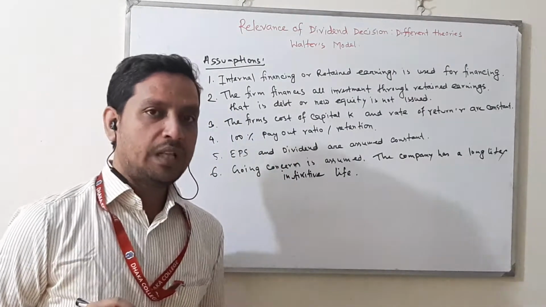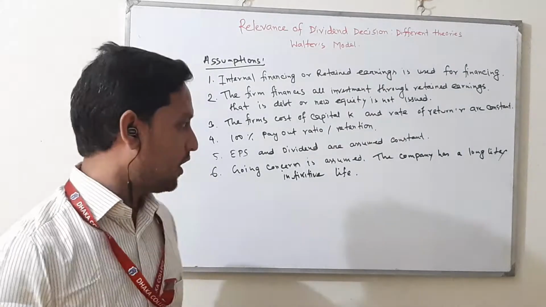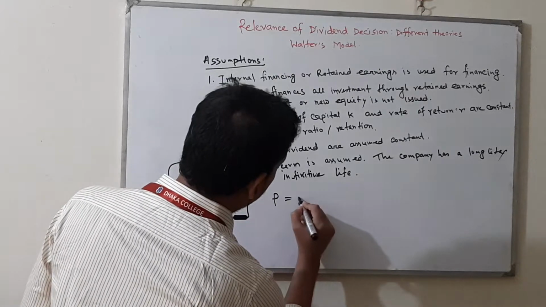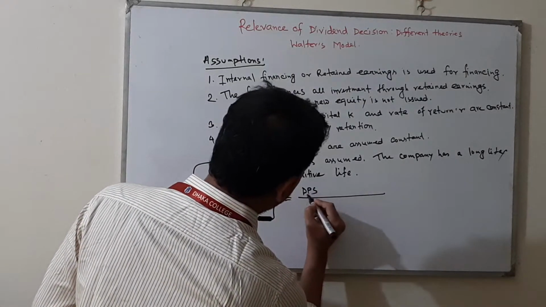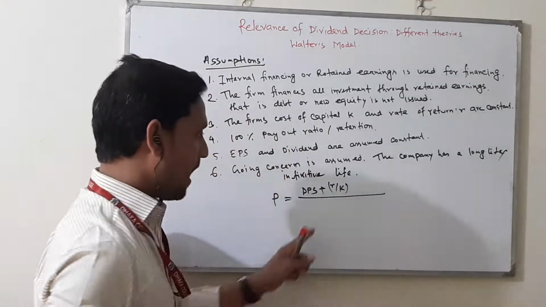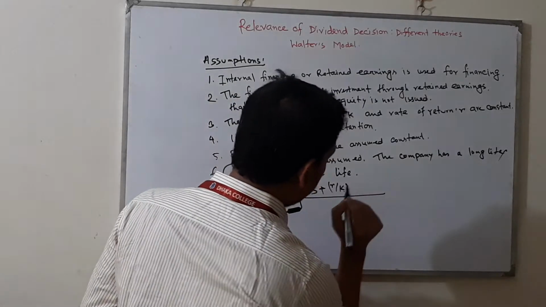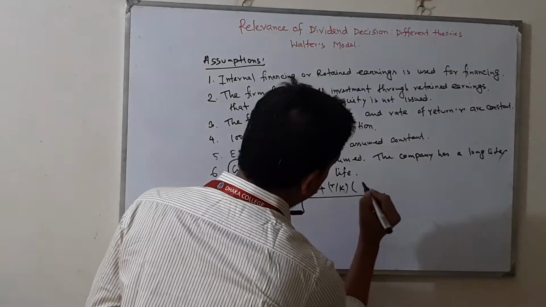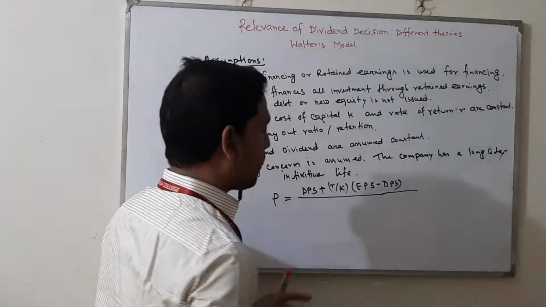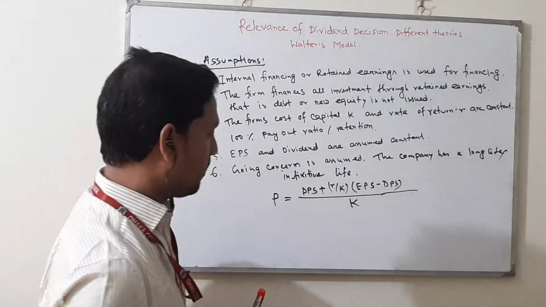So the price of share according to Walter's model, we should say P equals DPS plus R by K, R internal rate of return, K cost of capital, times EPS, earning per share, minus DPS, which is called E minus D, all divided by K, cost of capital.